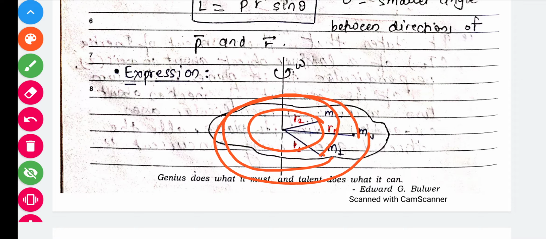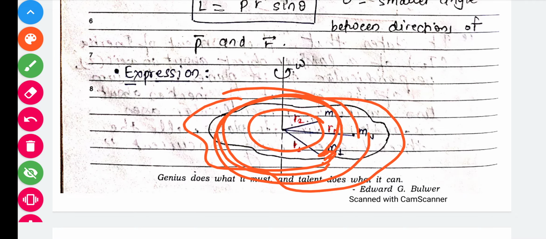These particles are individual units of this whole system, or whole body. For one particle, the motion along the circular path will be like this. Along this circumference, at every position, this particle will have a different linear speed. This concept goes for all the particles.